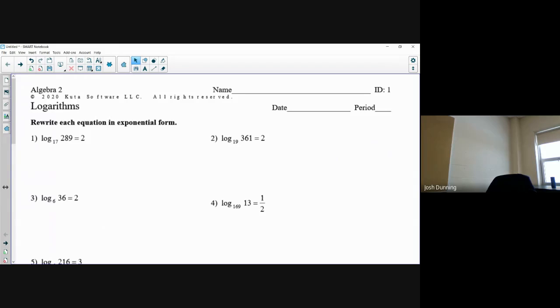Now, a logarithm, logs are the inverse of exponentials.